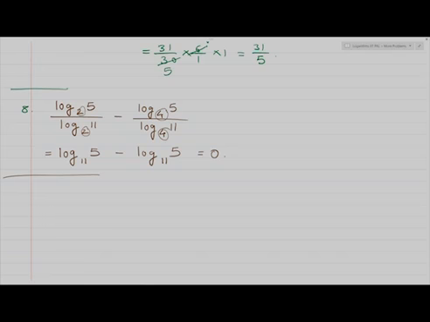Okay. Now let us try to evaluate one term which is complicated, but again using change of base rule, it will be very easy to evaluate this term.